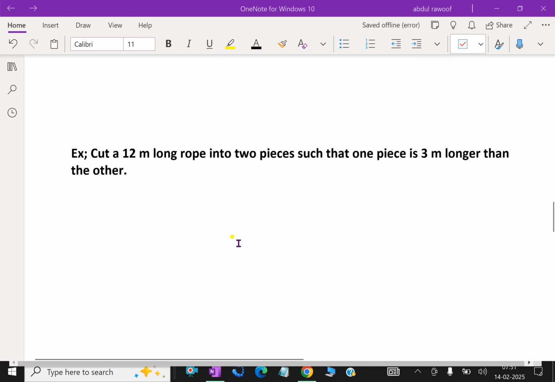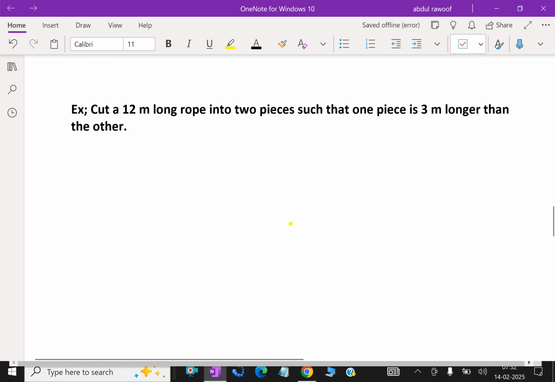Look here. I'll show the step by step procedure to solve such a problem. Cut a 12-meter long rope into two pieces such that one piece is 3 meters longer than the other. Here, first we have to set up an equation.